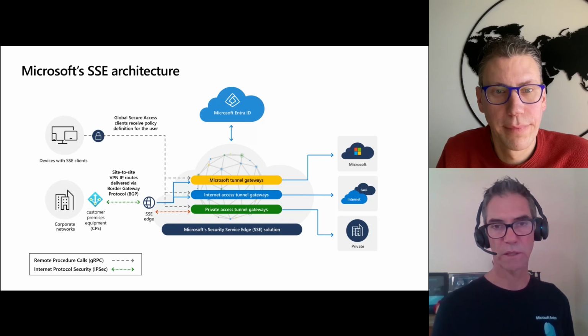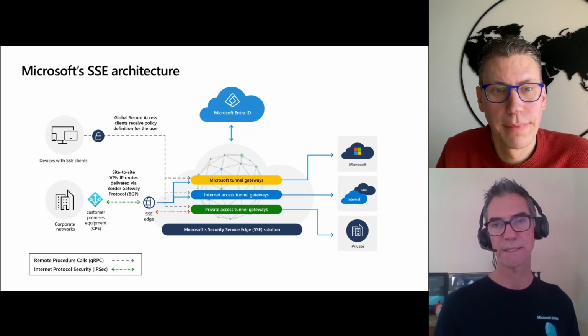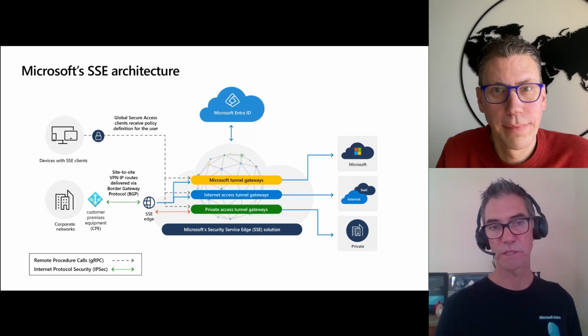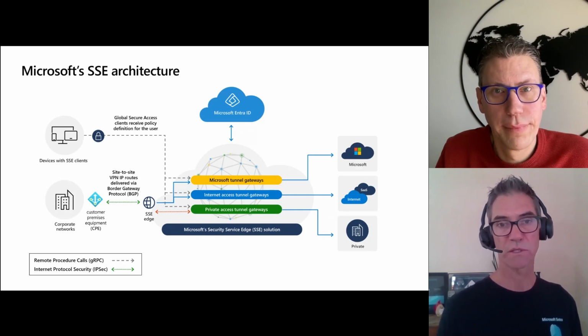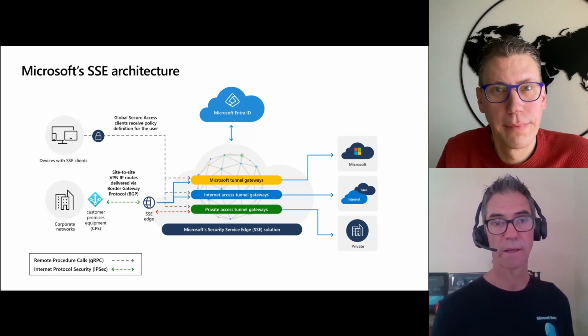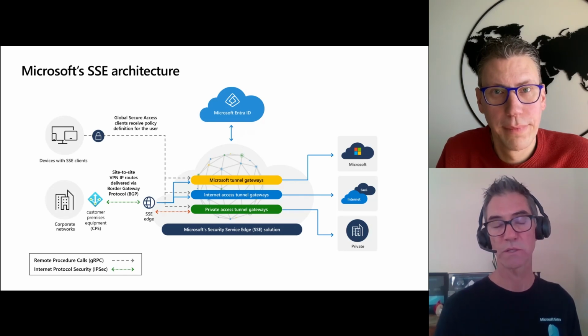The Microsoft tunnel, that's tunneling all the traffic to the Microsoft services, so Exchange Online, SharePoint Online, Teams, etc. And then we have the Internet Access tunnel, which is if you're accessing typical internet websites and software as a service, Salesforce, etc. That's potentially integrated with your identity provider, typically Microsoft Entra ID. And then the third tunnel is the private access, which is a secure tunnel to access those private resources.